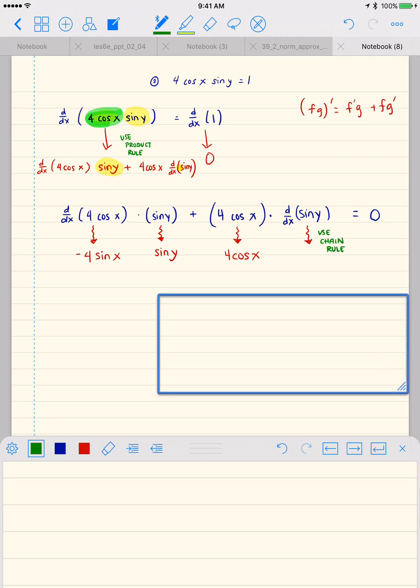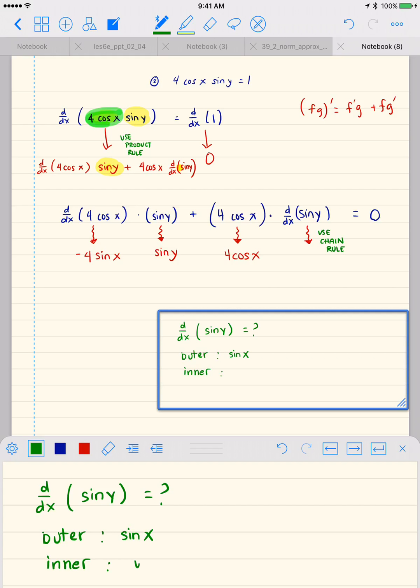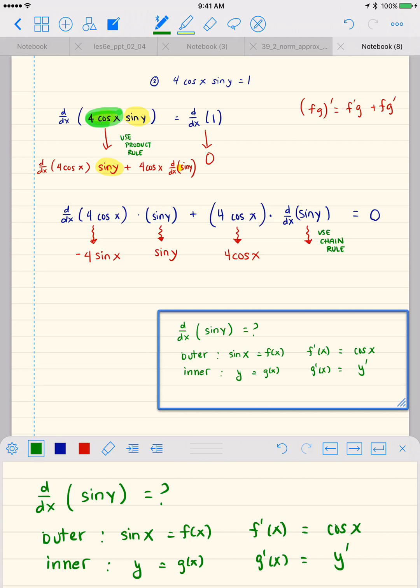Okay, so I'm actually going to scooch down here, and I want to compute d dx of sine y. So my outer is sine x, my inner is y. So sine x is going to be f of x, y is going to be g of x, f prime of x is going to be cosine x, and g prime of x is going to be y prime.